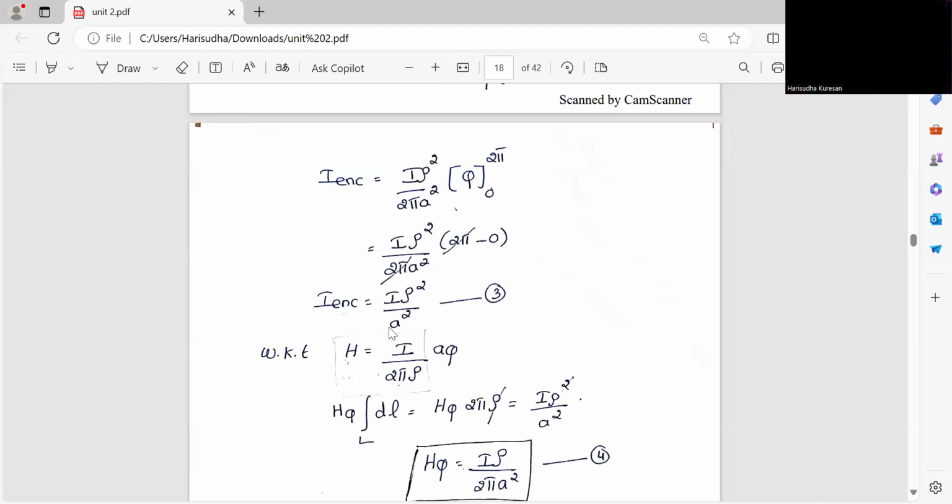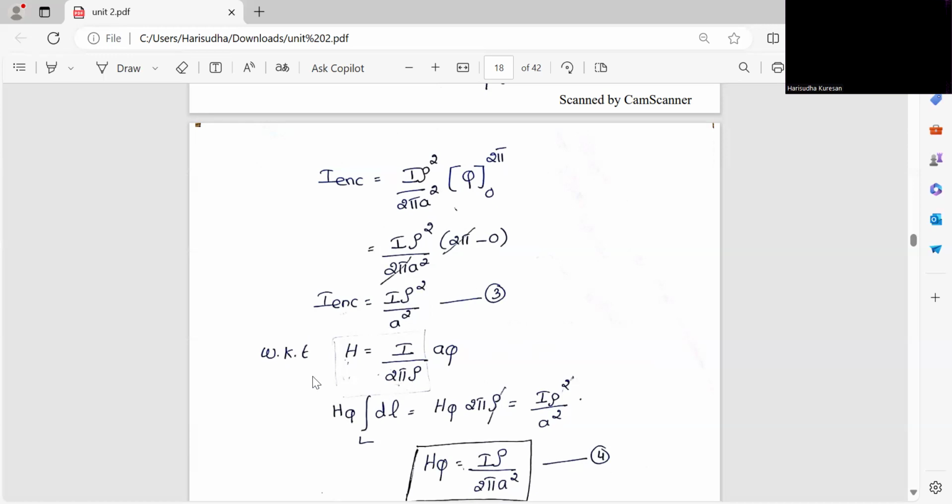If I substituted a for rho, both would cancel, but the meaning is different here. So the enclosed current is I rho square divided by a square.